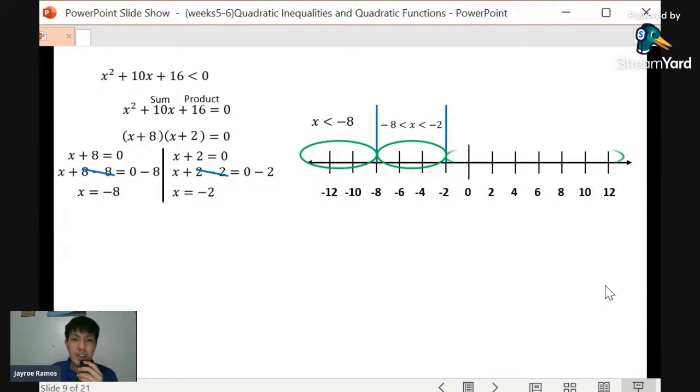And then the last one, okay, so how about the last one? Mas madali na yung huli. Nasa right side ng negative 2. Nasa kanang part ng negative 2. Ano po kaya yan?